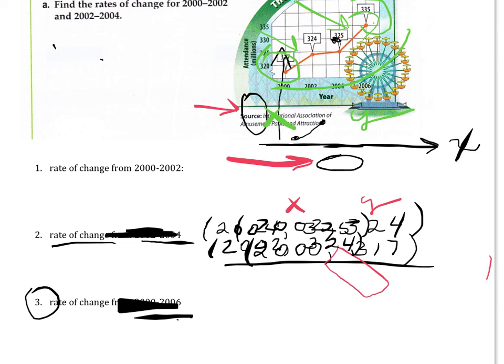Maybe the economy is a little better between those 2 years, and more people are going to amusement parks. Between 2002 and 2004, look at here, not as big an increase. This is when we had 500,000 people only increase, rate of change of increase, so it's not that much at all. So why would that be less? Perhaps a recession, not as many people traveling to amusement parks during that time period.